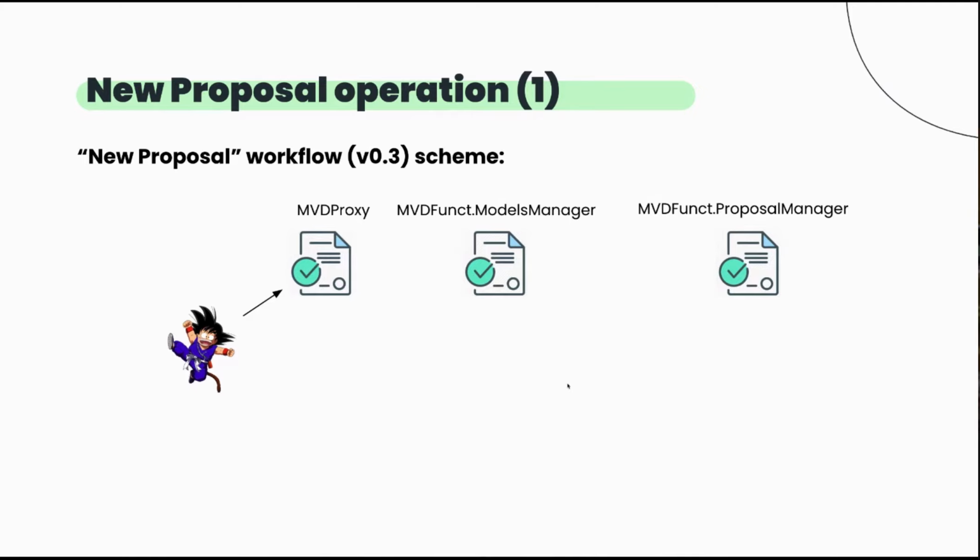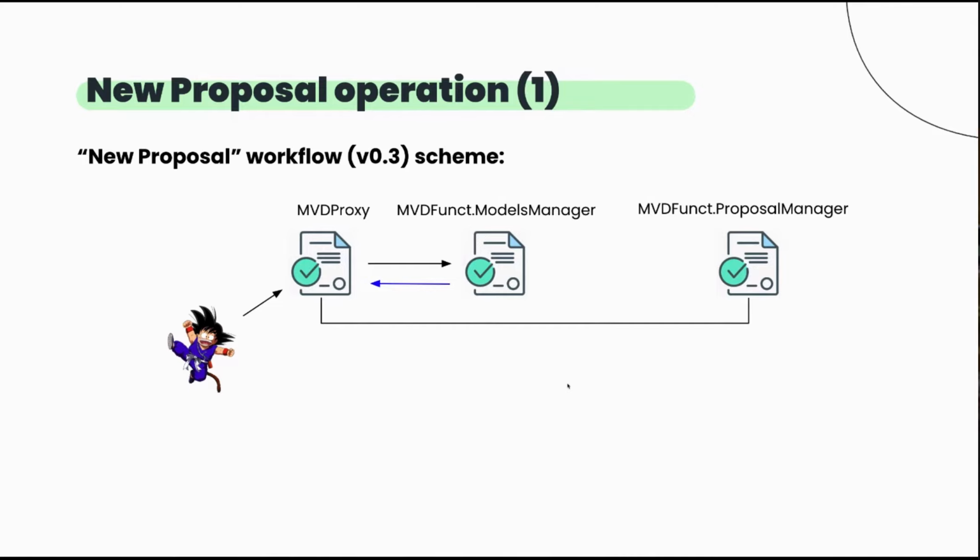The proxy contract checks through the MVD functionalities models manager if the new proposal concerns a well-known functionality, and the models manager responds to the MVD proxy, giving back a result to the proxy. So this time the proxy can call the functionality proposal manager.